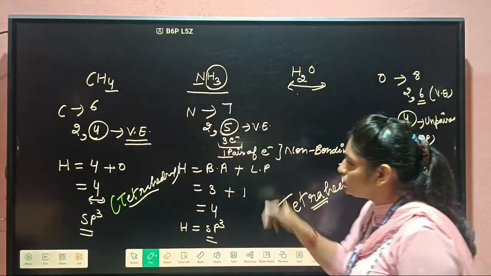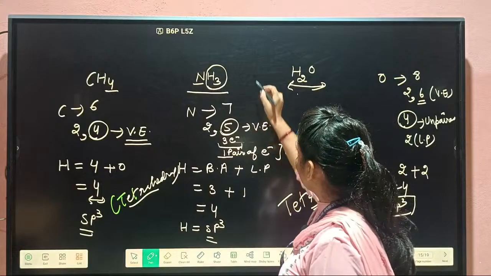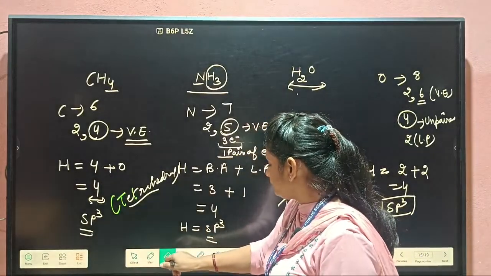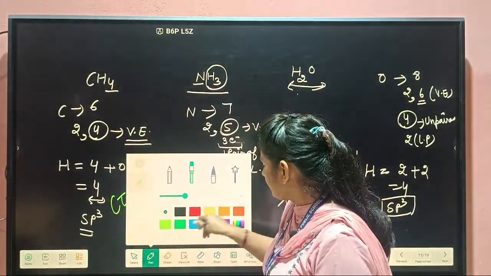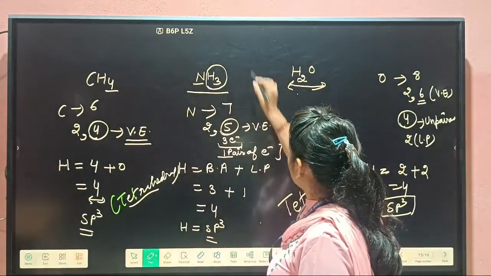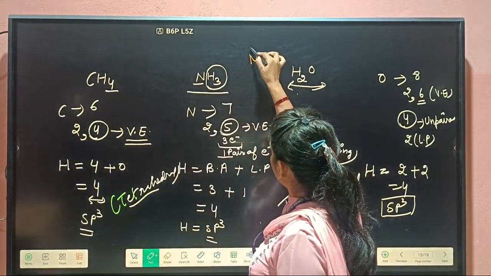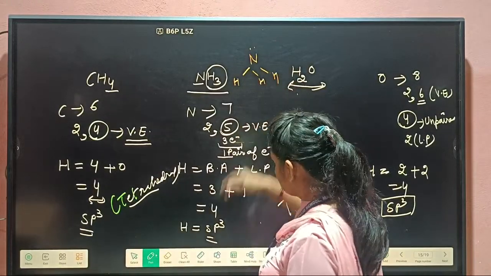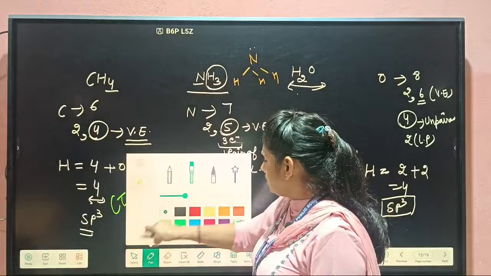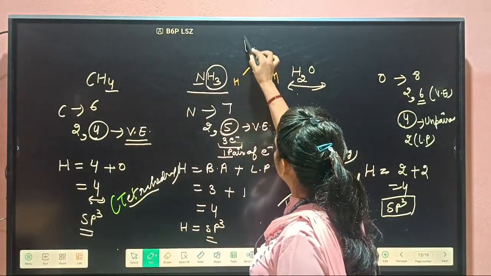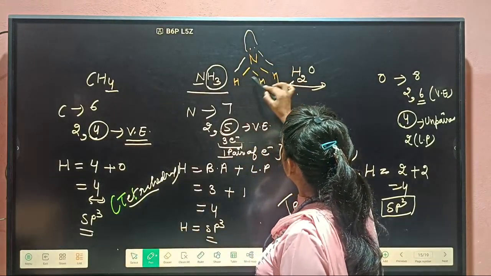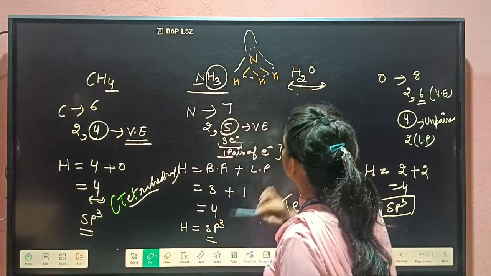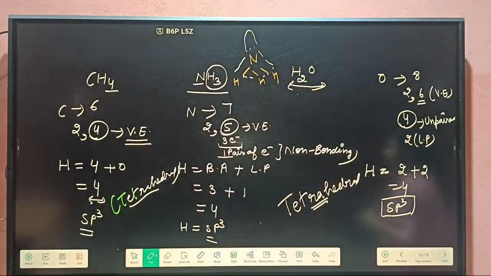But students, in case of NH3, what will happen? N has one lone pair, so this type of shape it is. This is the pyramidal shape, but geometry is tetrahedral. Geometry for sp3 will be tetrahedral.